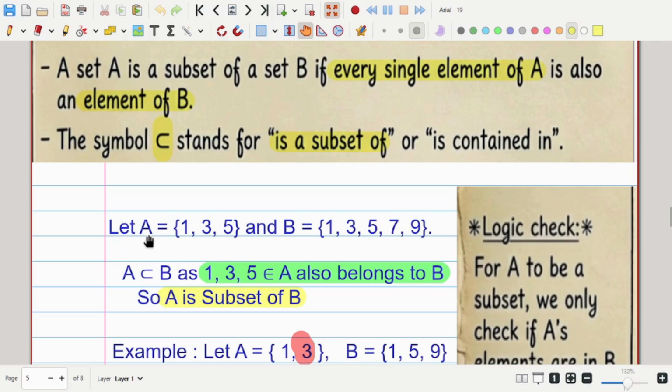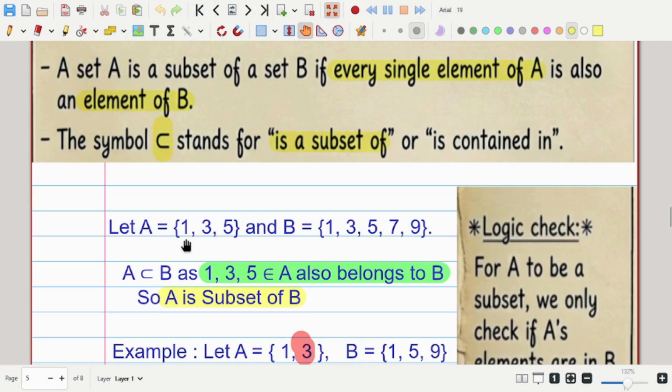Example, let A be the set {1, 3, 5} and B be the set {1, 3, 5, 7, 9}. Now the question is, is A a subset of B? So check whether all elements of A are present in set B. Elements of A are 1, 3, 5.